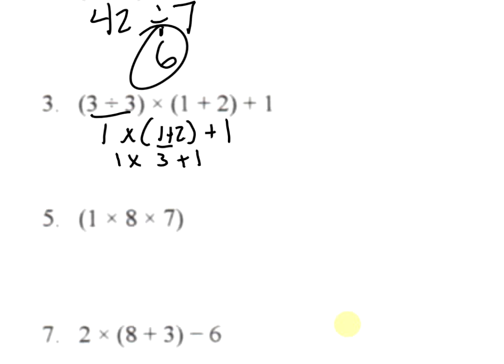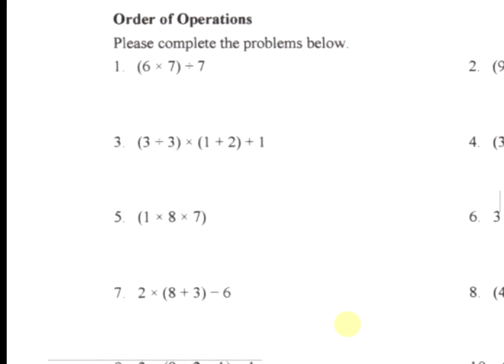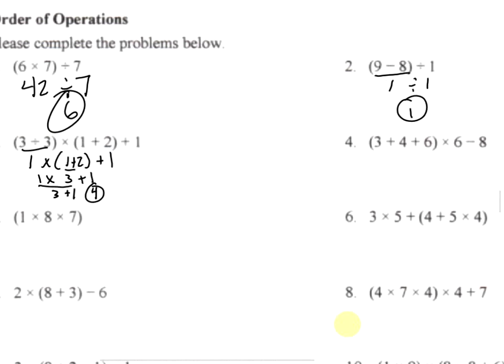Do I add, multiply, or what? Multiply. What do I multiply, Shania? Yes, we multiply 3 times 1 here, and that's 3. And then I add 1 to that, which makes 4. Okay? So that's how I do that one. All right, let's move on.